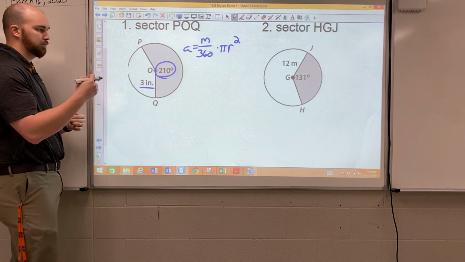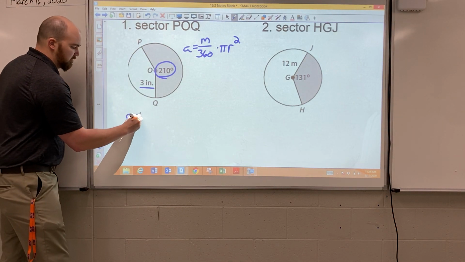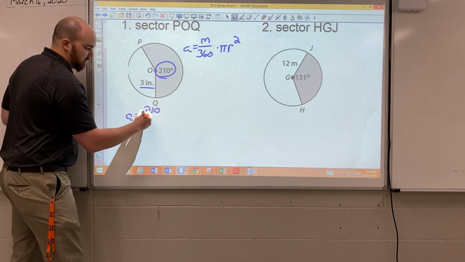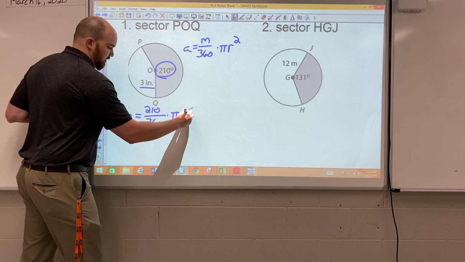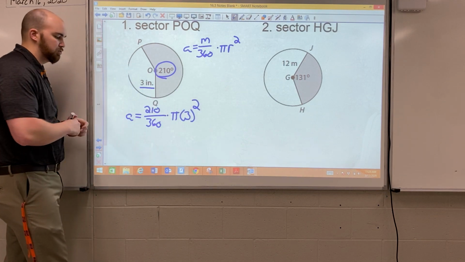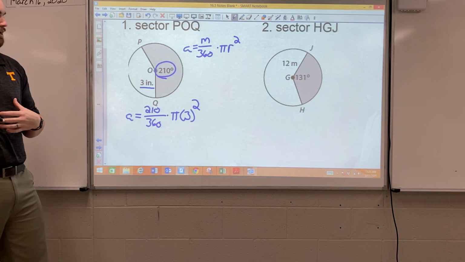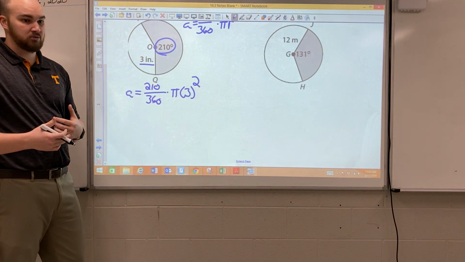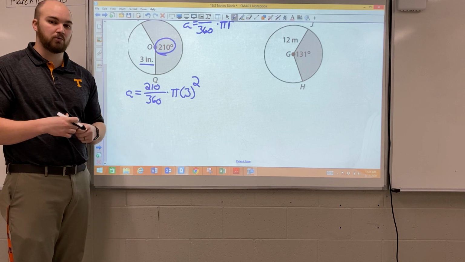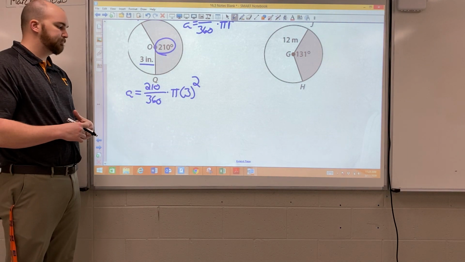All we have to do is plug in from there. So the area equals 210 over 360 times pi times 3 squared. From there, we can plug in our calculator. Now, if you don't have a calculator at home, you can use your phone calculator. It'll work just as well.